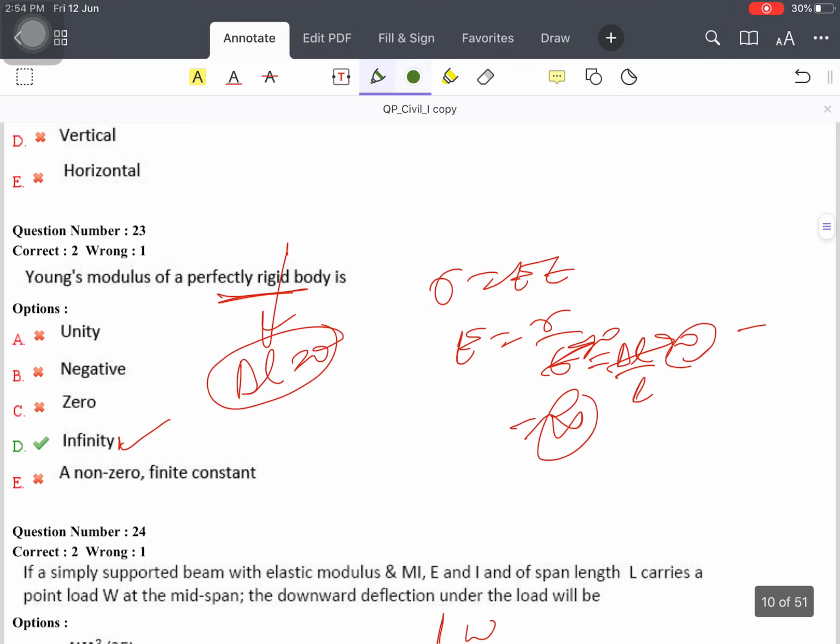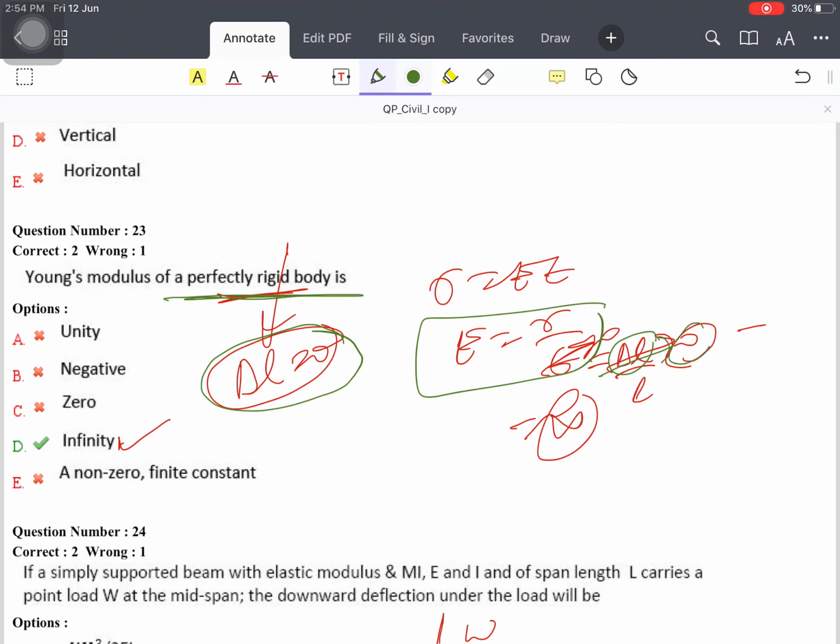Young's modulus of a perfectly rigid body: perfectly rigid body means delta L equals 0. Young's modulus E equals sigma by epsilon. Epsilon equals delta L by L. If the value of delta L equals 0, we know 1 by 0 comes out to be infinity.